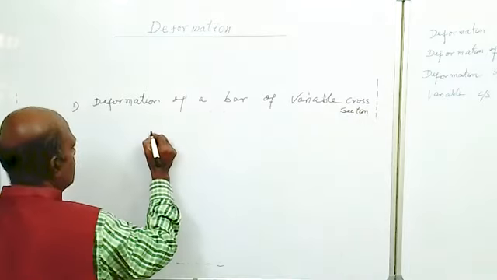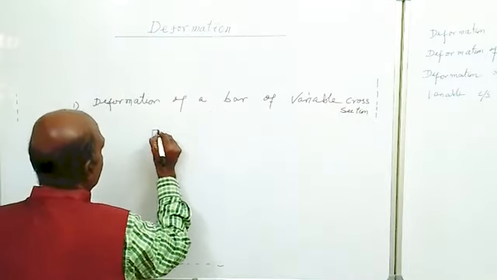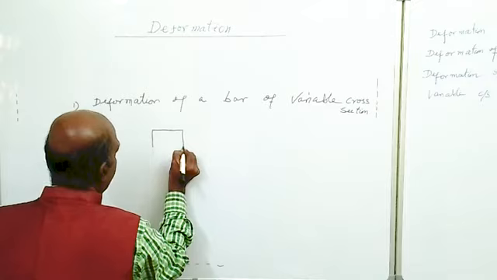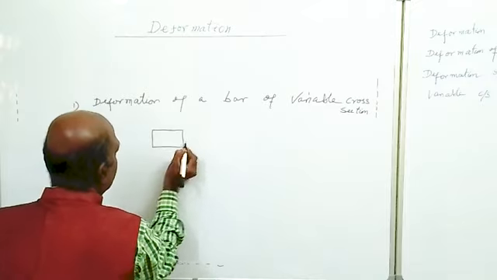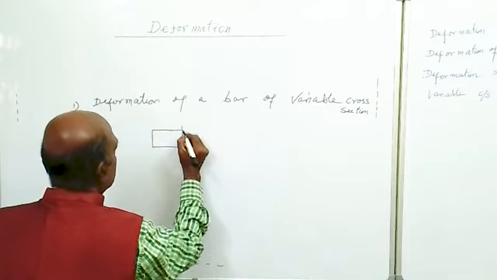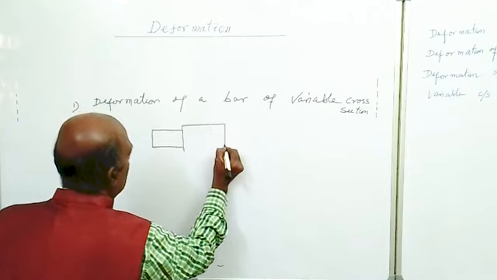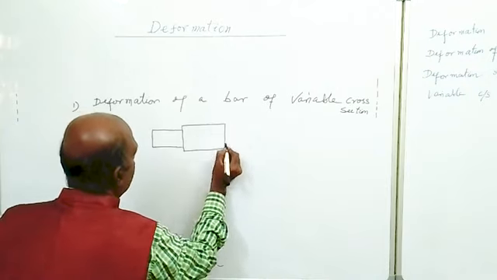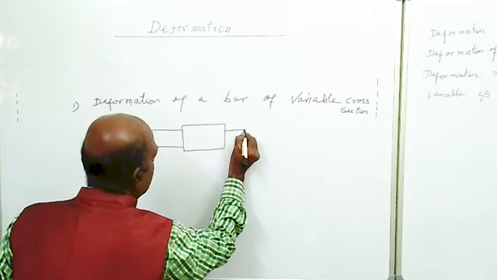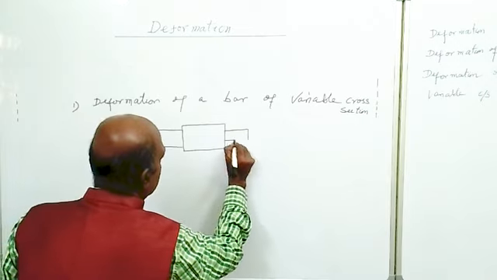Now let the bar have, say, three sections. So we are marking the sections as section 1, section 2 and section 3.